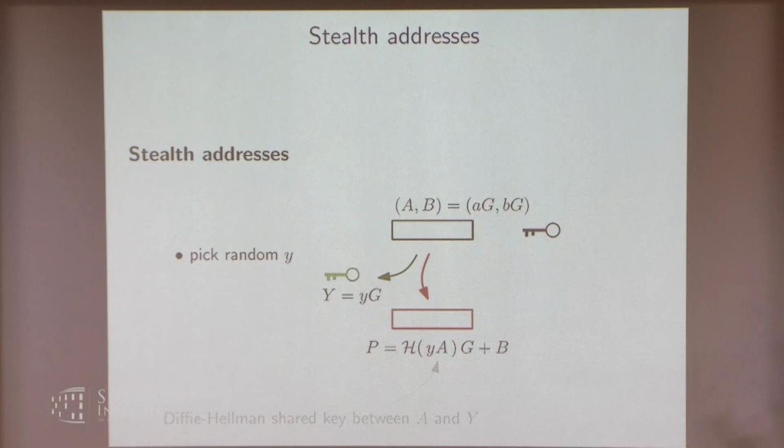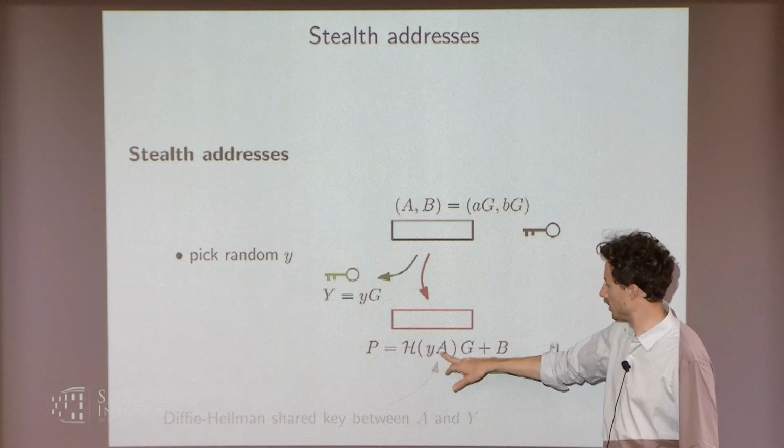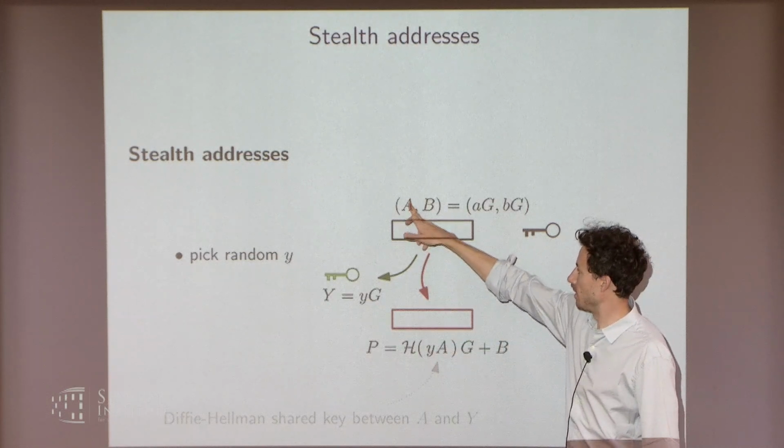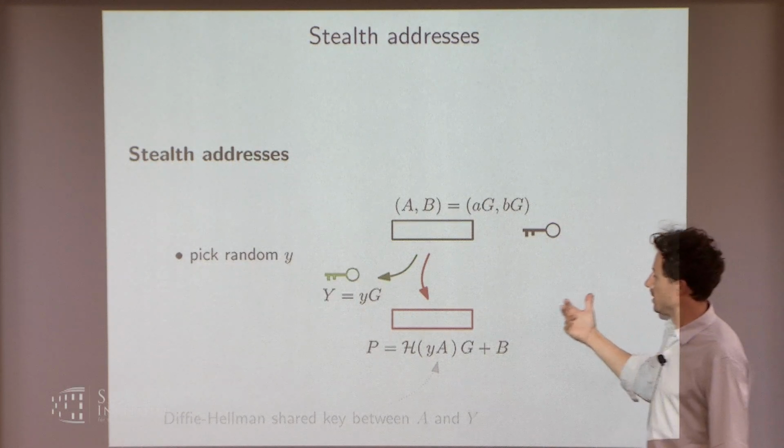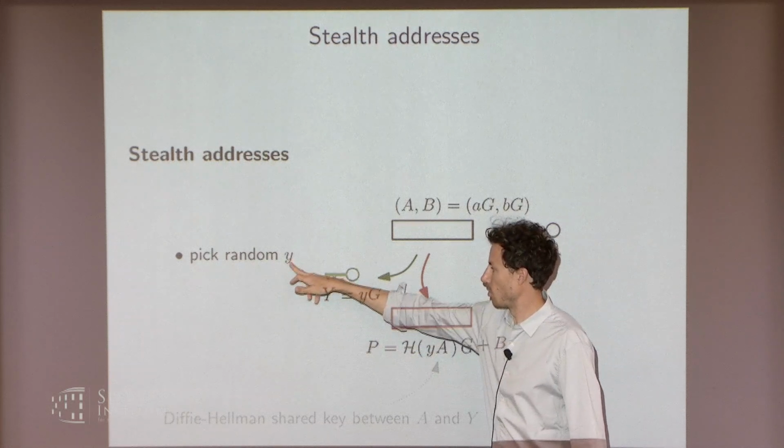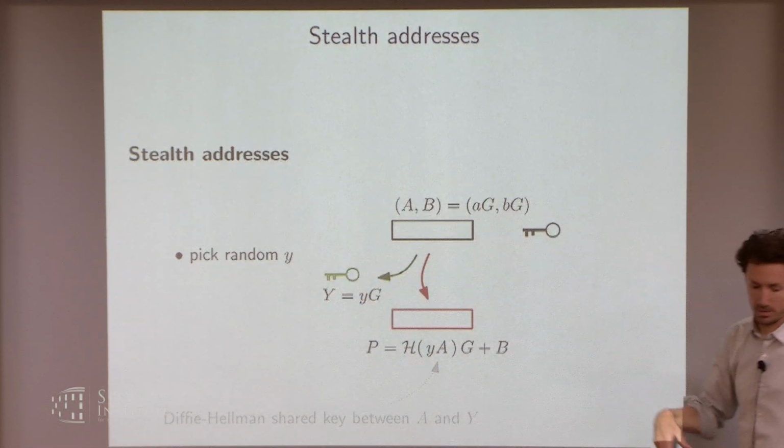Okay, so for the cryptographers, you see, this is actually the Diffie-Hellman shared key between A and Y, which means that it's a value that you can obtain either by knowing small y or by knowing small a.